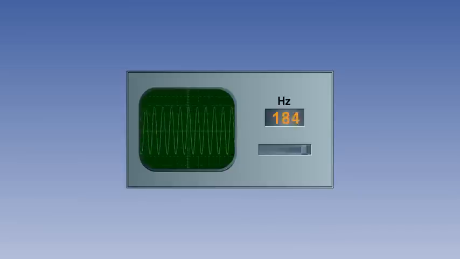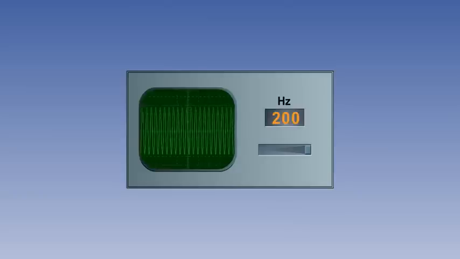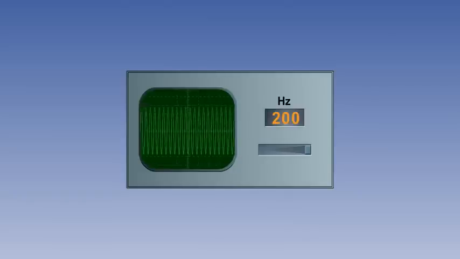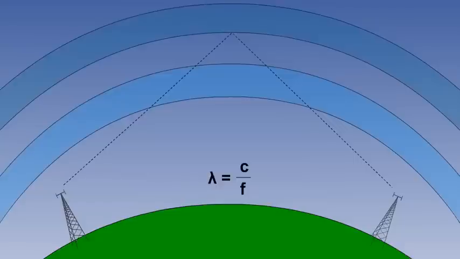Therefore, wave frequency, measured in hertz, and wavelength, measured in meters, are directly related, and we need to be able to calculate one from the other. The formula for calculating wavelength, lambda, is the speed at which a radio wave travels, c, divided by the frequency of the wave, f.